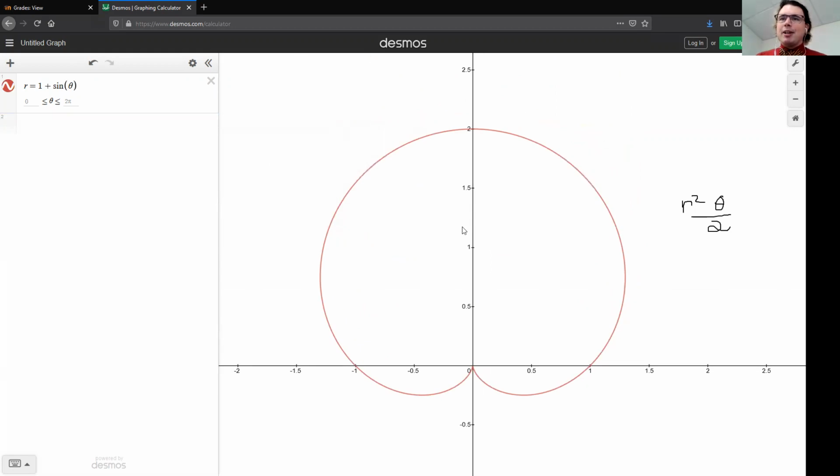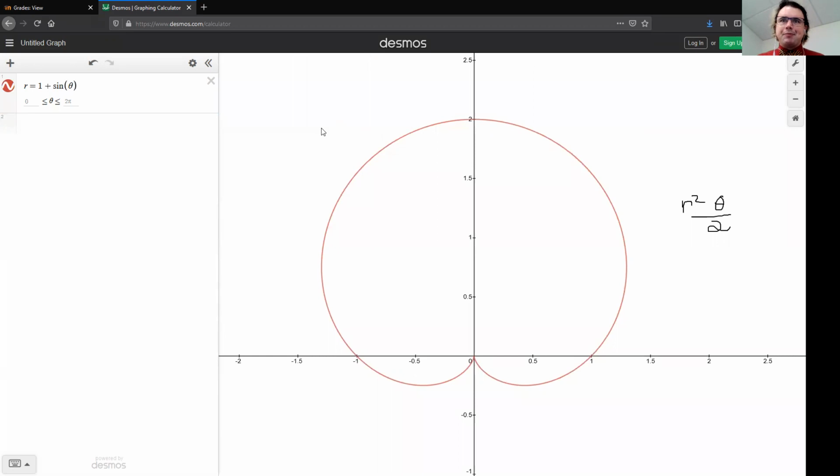This is called a cardioid because it kind of looks like a heart. It's upside down the way that I've graphed it here. How would I find the area of this thing? This curve consists of all the points where the radius r equals 1 plus sine of theta.